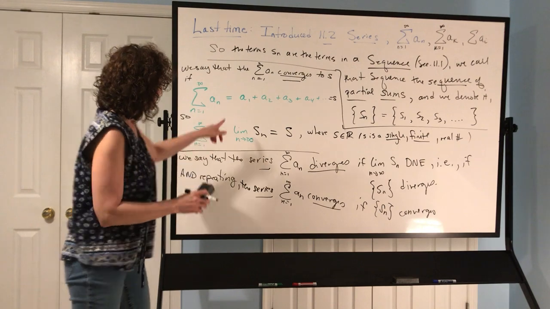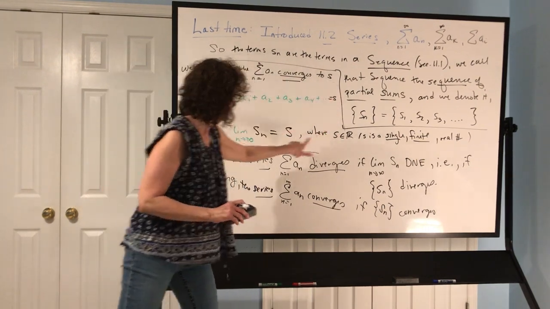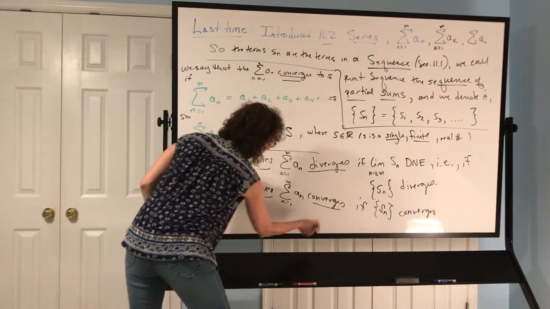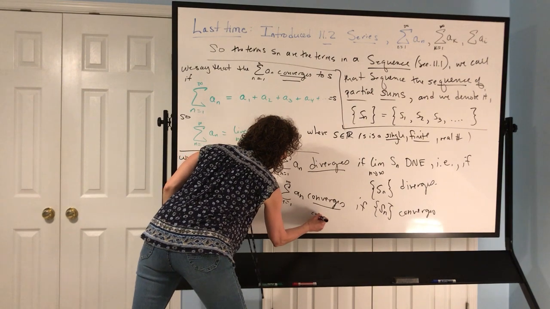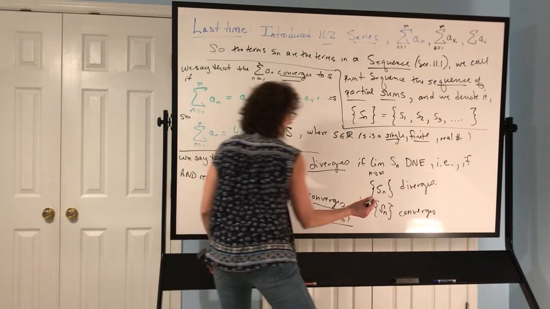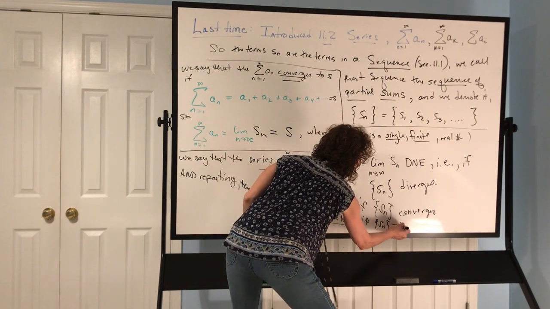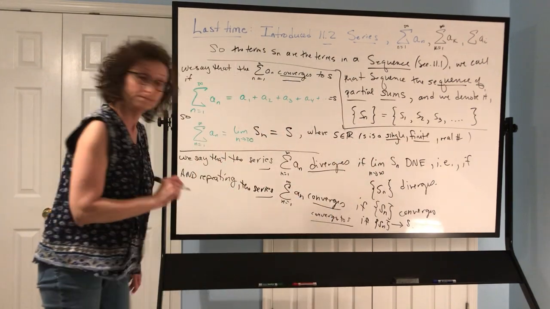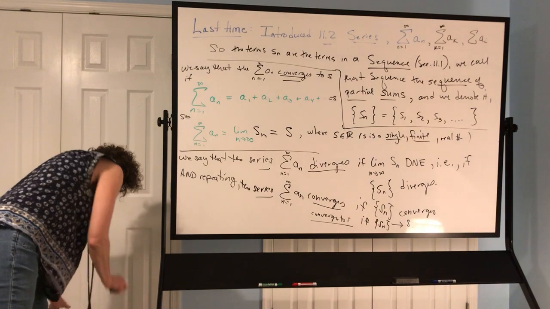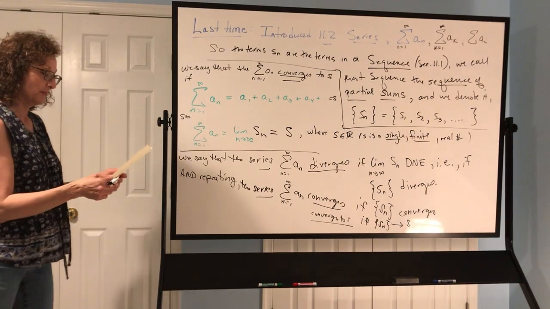Up here we said it converges to the sum S, and S is what S sub n converges to. So we could say the series converges to S if the sequence of partial sums converges to S. It adds up to S. So let's start taking a look at this sequence of partial sums.